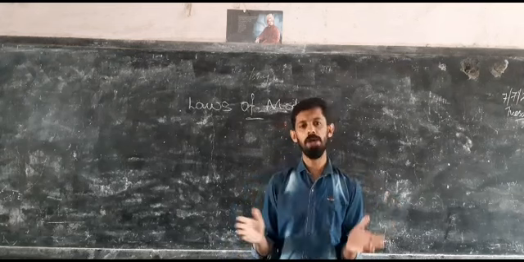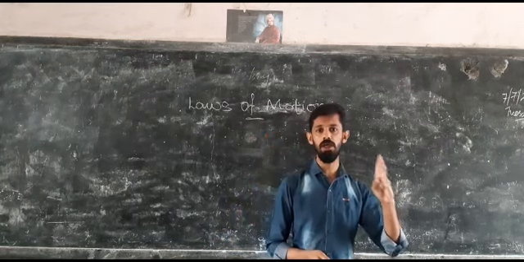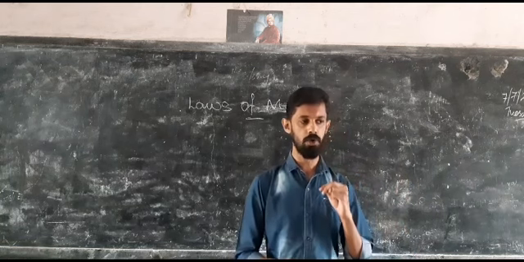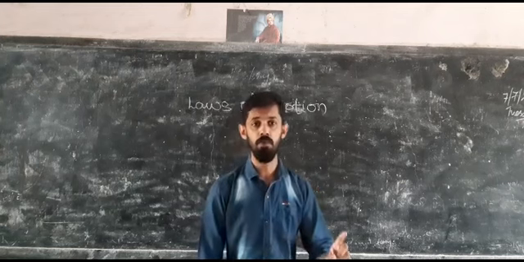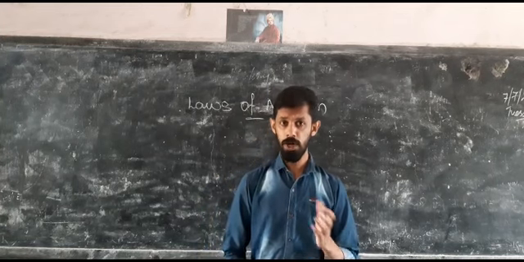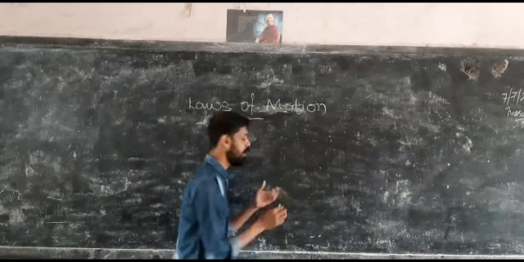Okay. So two types of quantities are there in physics. One is scalar quantity and another is vector quantity. What is a scalar quantity? A quantity which has only magnitude, no direction. What do you mean by magnitude? We know different quantities are there. Consider mass.